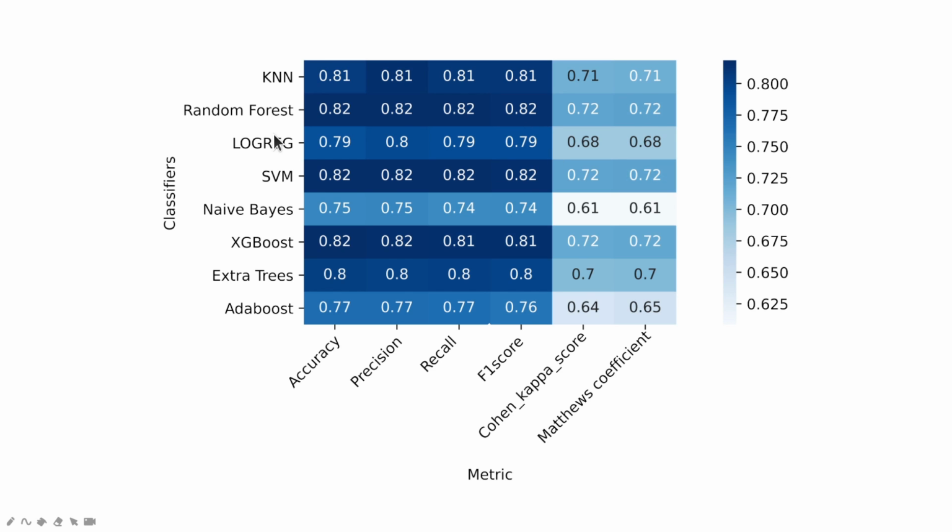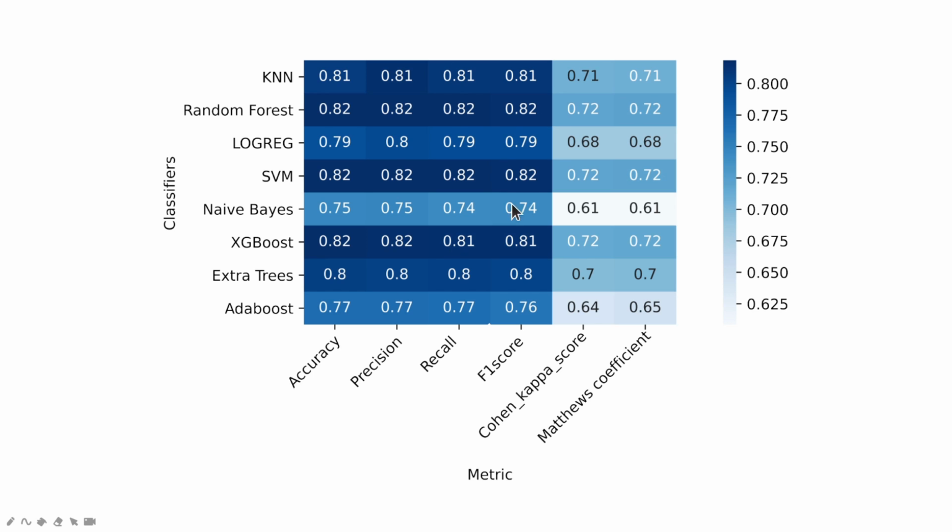So comparatively, the top classifiers are random forest and then SVM, because they all have the same scores. Okay, the scores here are the same. And when we come to XGBoost, there is a slight drop. So 0.82, 0.81. And so these two are the top performing classifiers. That is what we have from this particular heat map here.